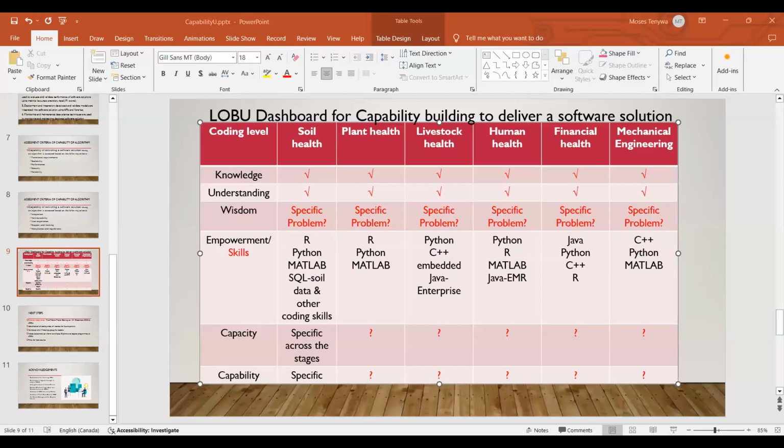So today we are going to proceed to the last lesson 6 on capability. And allow me to share my screen so that I can present to you using the PowerPoint.